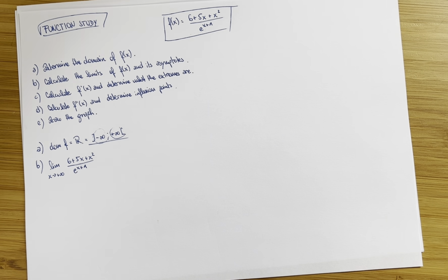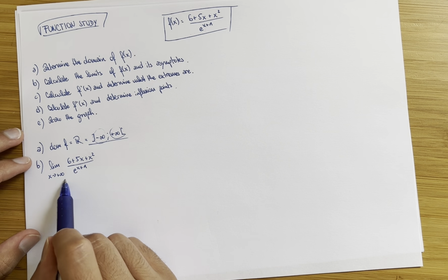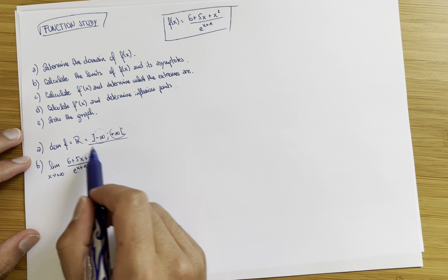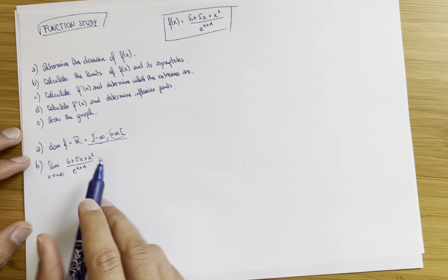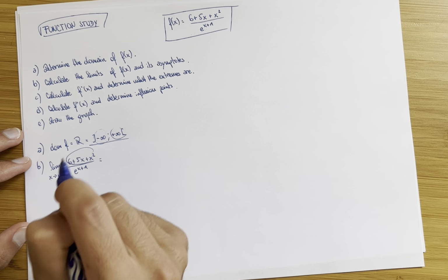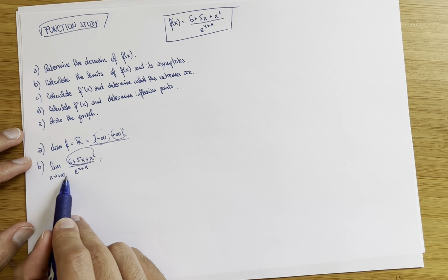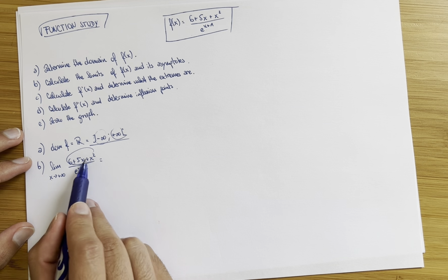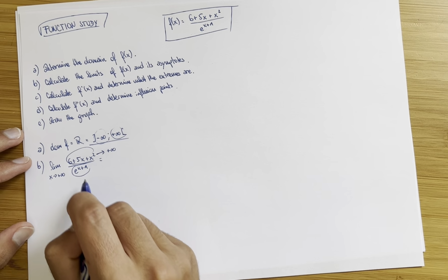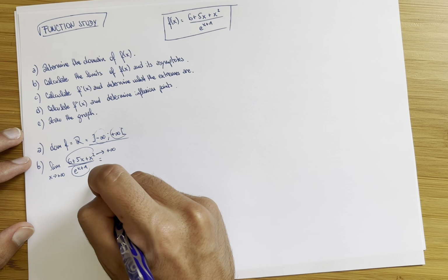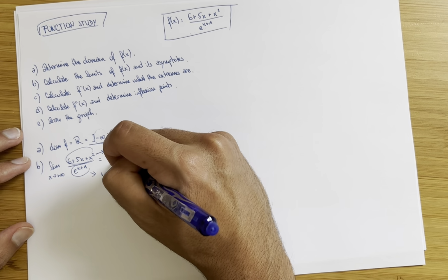What is the value of the limit of this function when x goes to plus infinity? If we use x equals plus infinity on this part, this will be plus infinity. An exponential of infinity is also infinity.